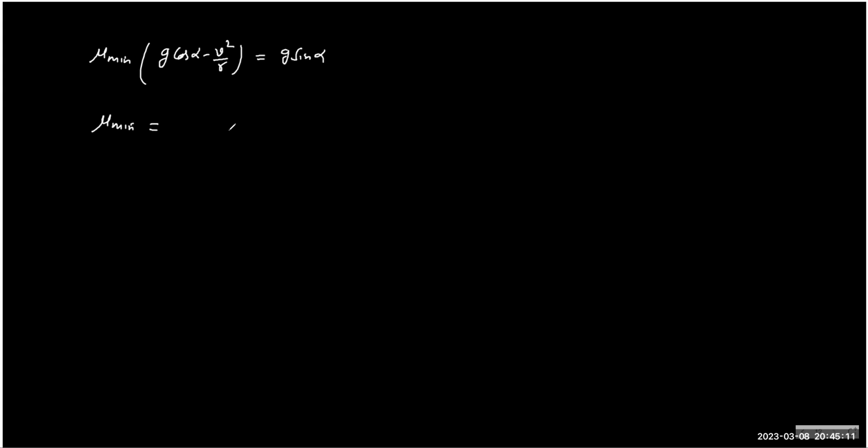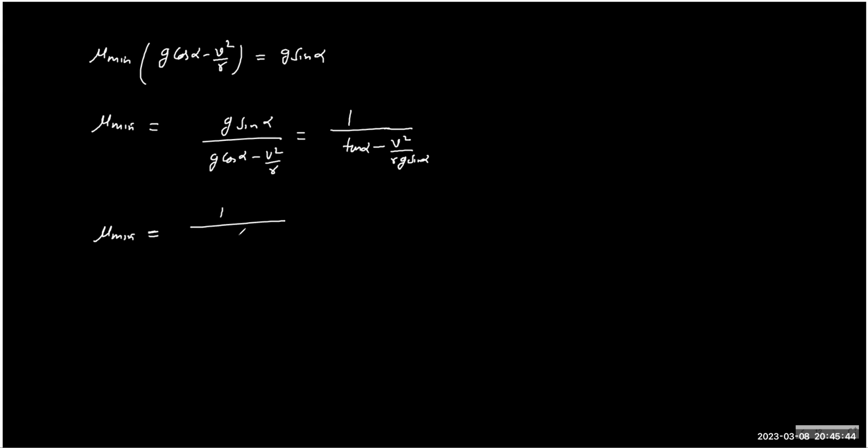So mu minimum is g sin alpha upon that, and this we can write as 1 upon tan alpha minus something.